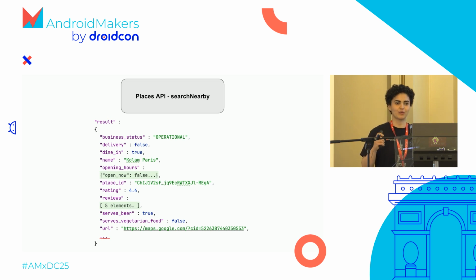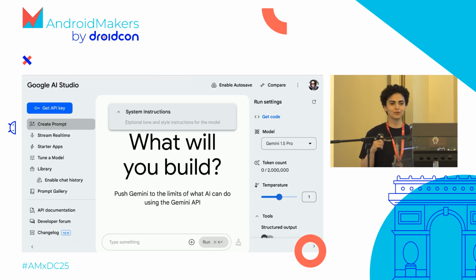Now for the AI part. First things first, I have to write a good prompt. What do I do? I go to Google AI Studio to be able to quickly iterate over my prompt and see how the configuration changes, how the tweaks that I do here change the response of the model.